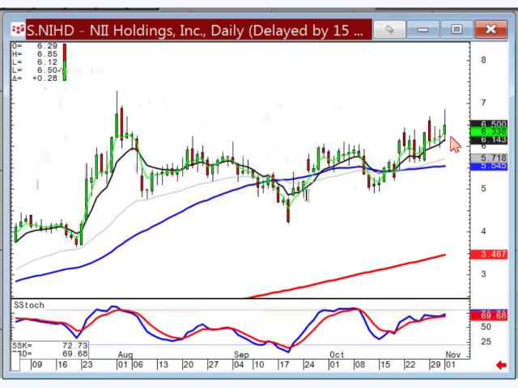And what do we have for our criteria for a fry pan bottom? As long as it stays above the T-line, you stay long. Where's our breakout? If it breaks out through here, we've got the possibility of another breakout.